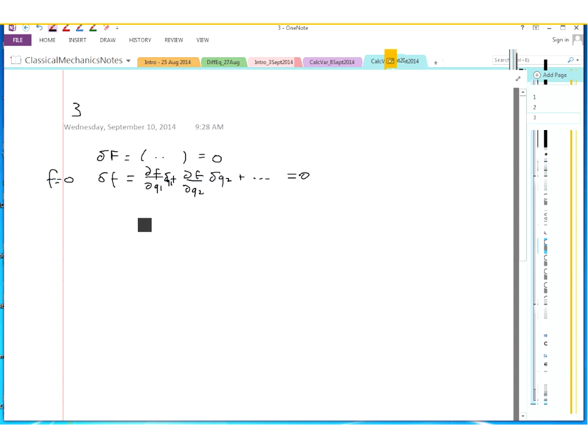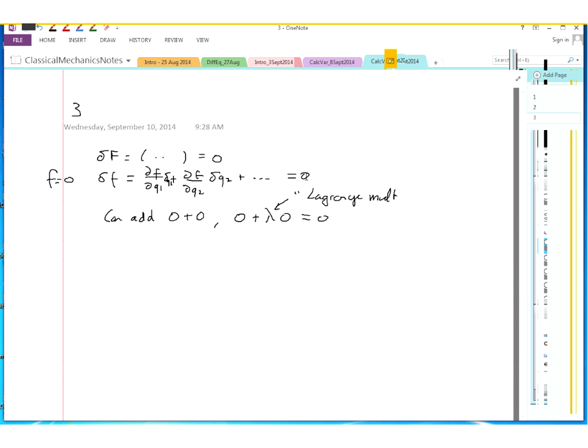So what we can do is add 0 and 0. Actually, what we'll do is we're going to add 0 plus lambda times 0. That's still equal to 0. And this lambda is what we call a Lagrange multiplier.